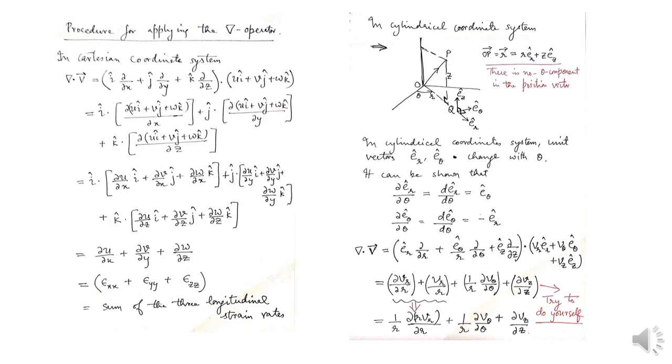A brief introduction of how the coordinate system looks. Basically you have a horizontal plane, which I have shown with the help of two lines, and from one of the lines, which I call the reference line, you consider the angular coordinate theta.